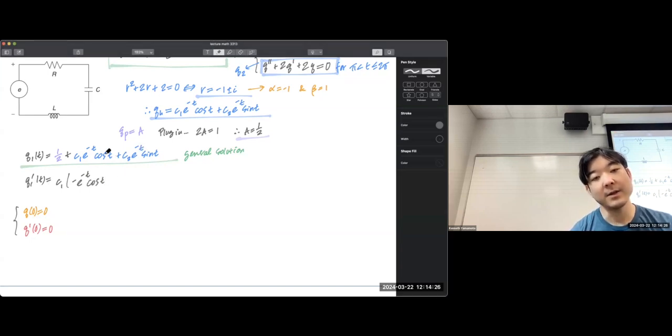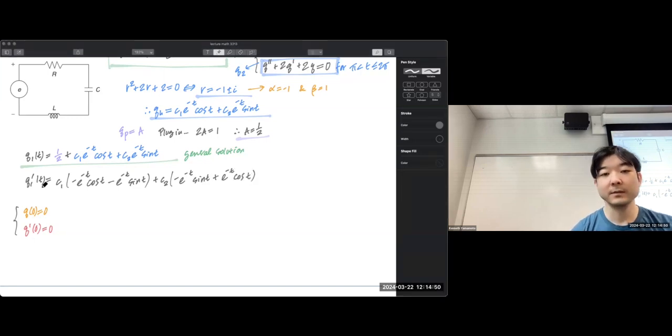And then the second term, the derivative of cosine is negative sine, so it'd be negative e to the negative t sine of t. Plus, I'll pull out the C2 and then do the product rule between these two: negative e to the negative t sine of t, and then plus e to the negative t cosine of t. Derivative of sine is cosine. We'll eventually need this for this initial condition here.